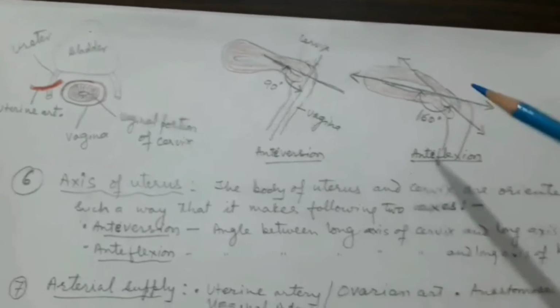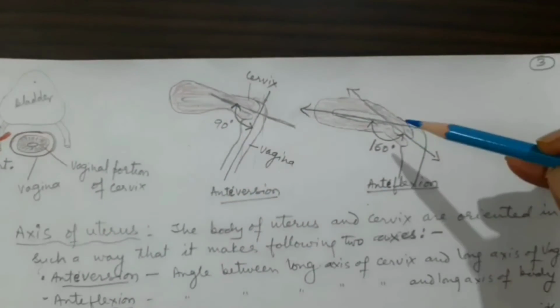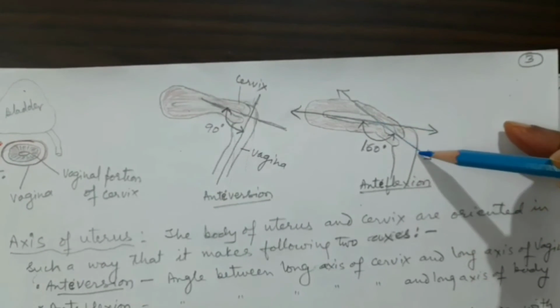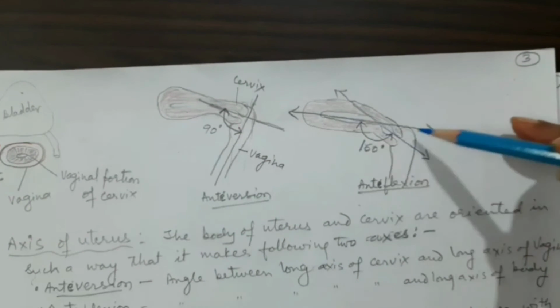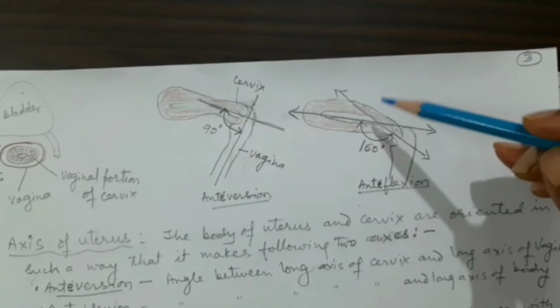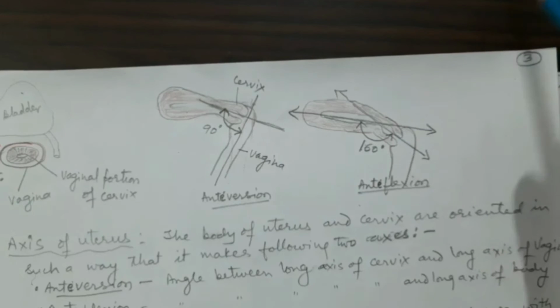Then if you see this diagram, it shows the anteflexion. This is between the long axis of the body of the uterus and the long axis of the cervical canal. If the long axes of the body and the cervical canal are drawn, they will form a very broad angle, on average 150 or 160 degrees, quite wide.